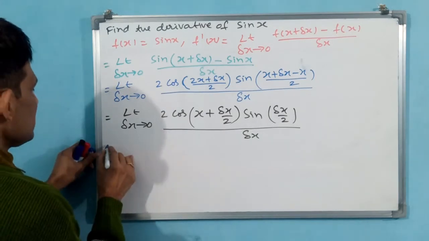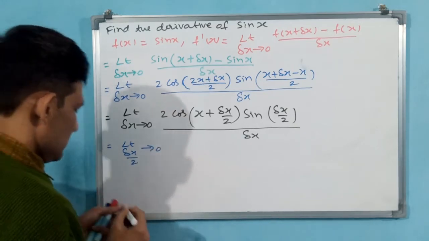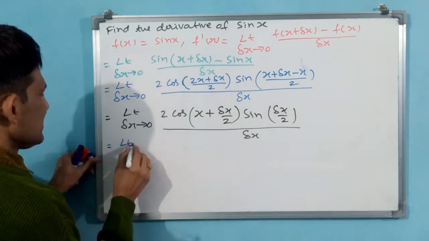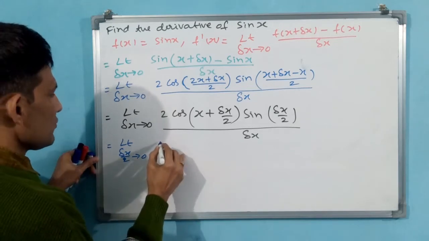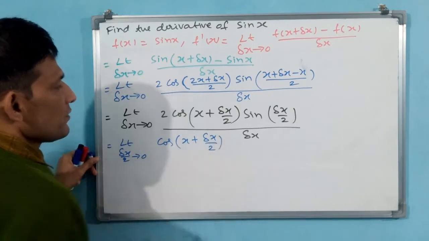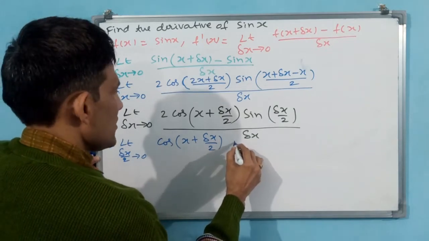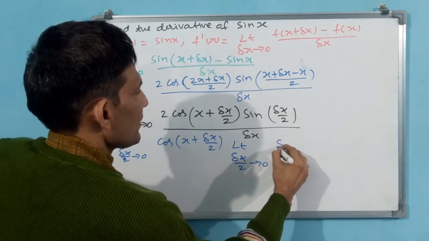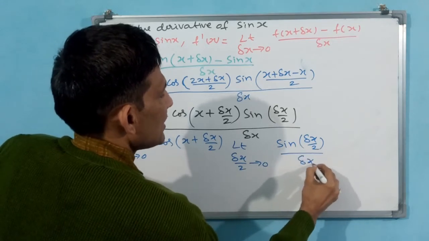See how I am writing. That is equal to limit delta x by 2 tends to 0, cos of (x plus delta x by 2) into, I am splitting the limit also at one go, limit delta x by 2 tends to 0, sine (delta x by 2) by (delta x by 2).